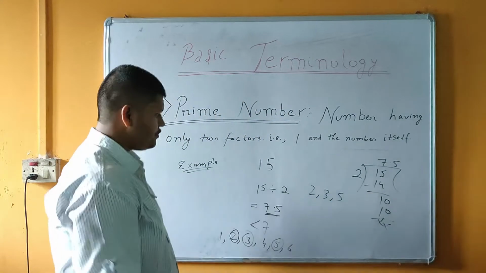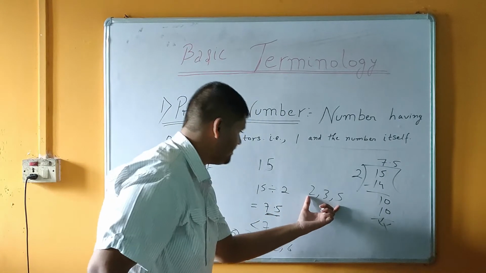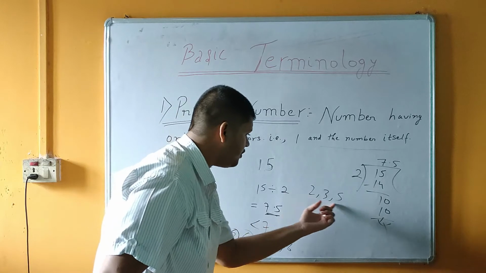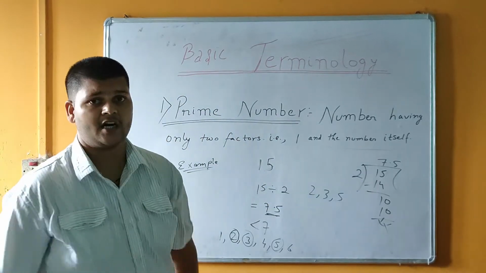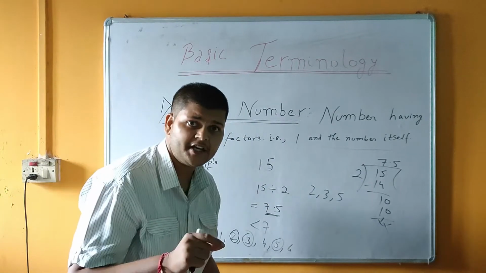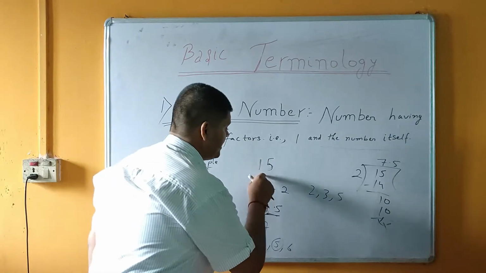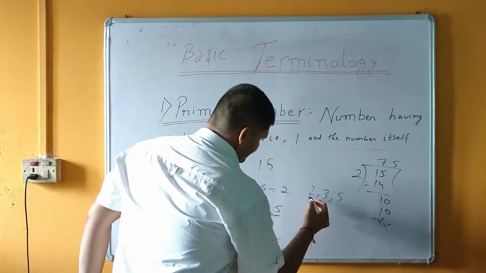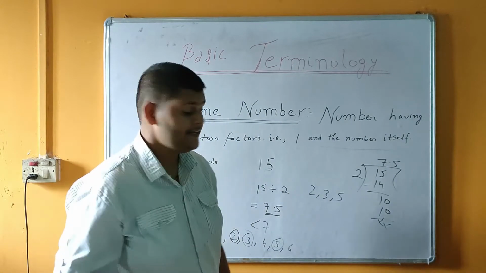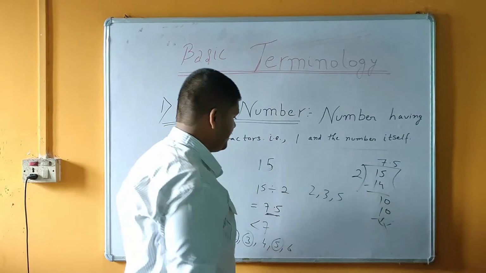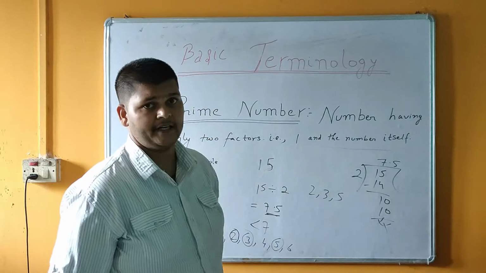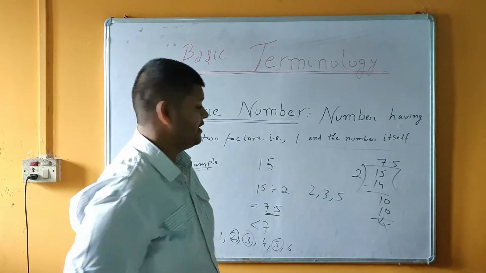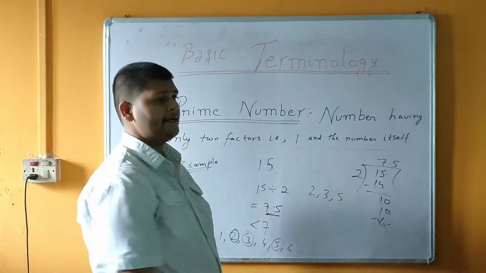Now we have to test whether this 15 occurs in the tables of any of these numbers. If it occurs, then we can conclude that this 15 is not a prime number. Listen carefully to what I said: if any of these numbers divides this 15, then we can conclude this 15 is not a prime number.